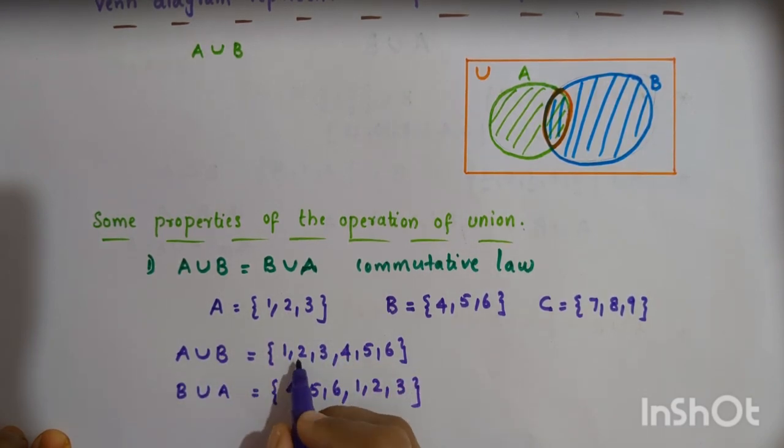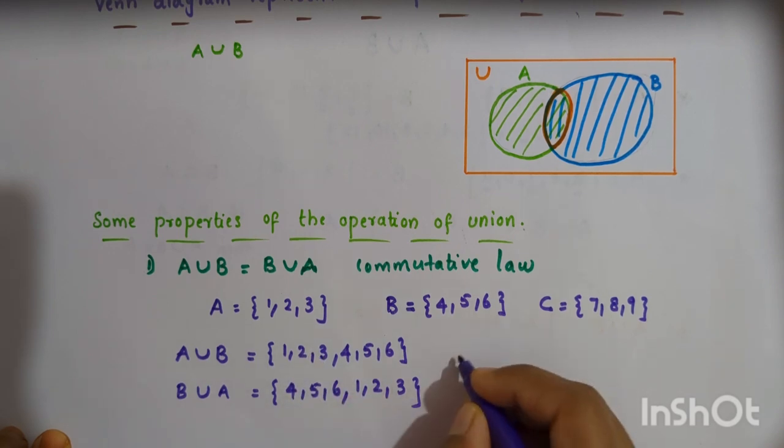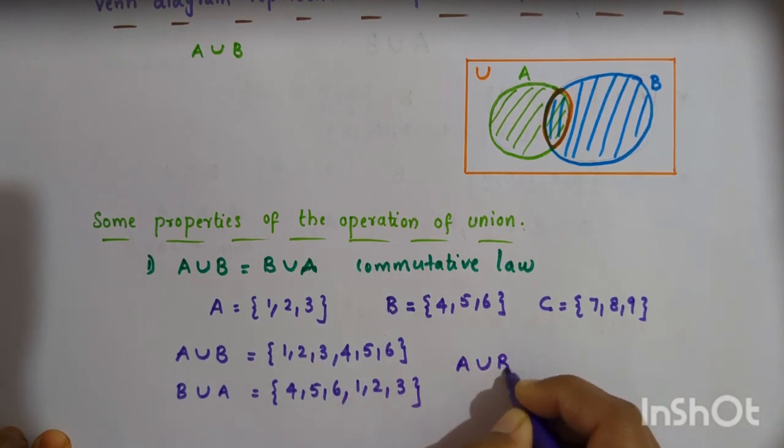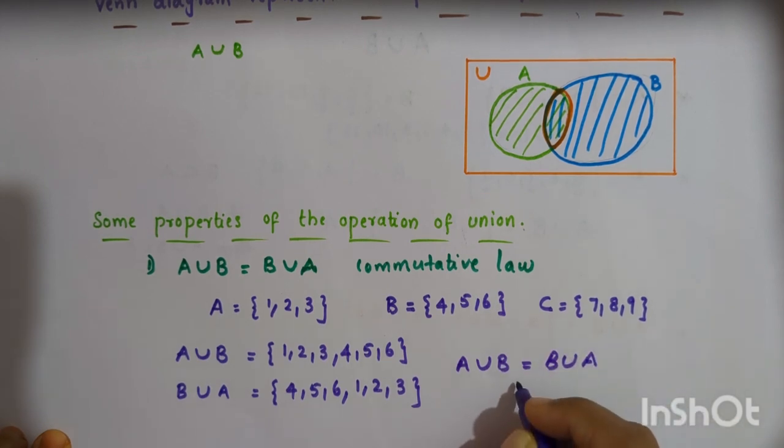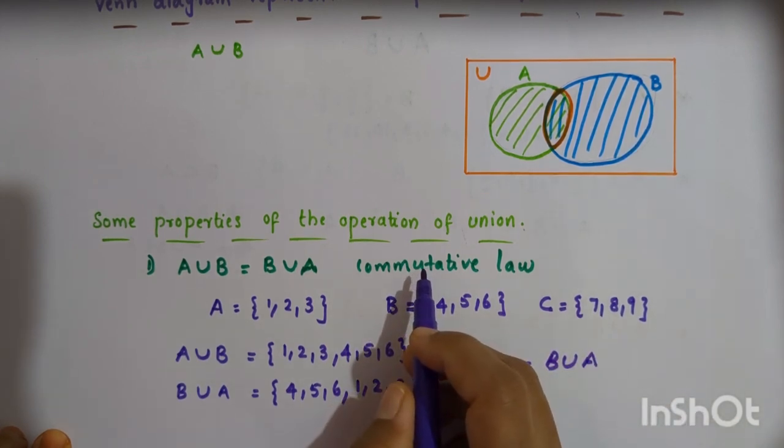So you see, all the elements in set A union B are equal to all the elements in set B union A. The order of listing the elements is not relevant, not important. So you see all the elements present in both the sets are the same. That is, A union B is equal to B union A. That is what the commutative law states.